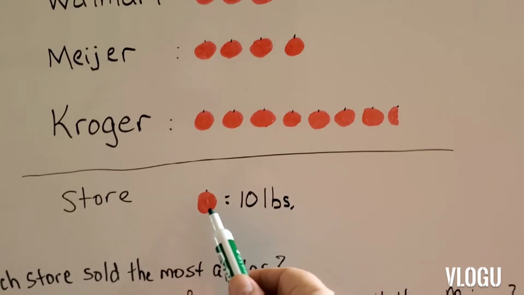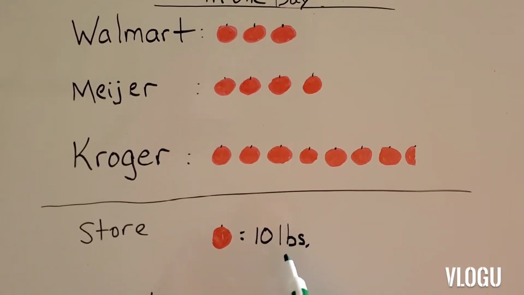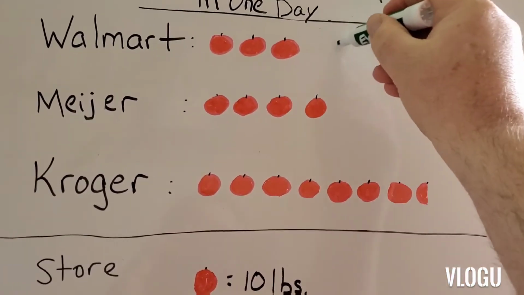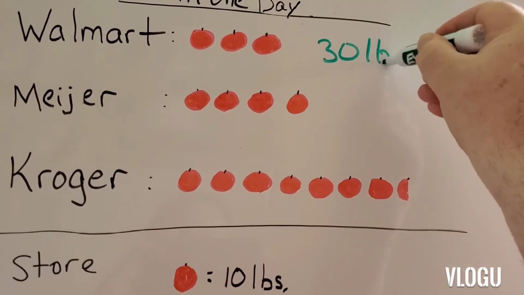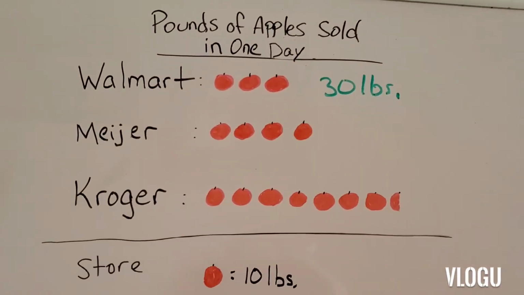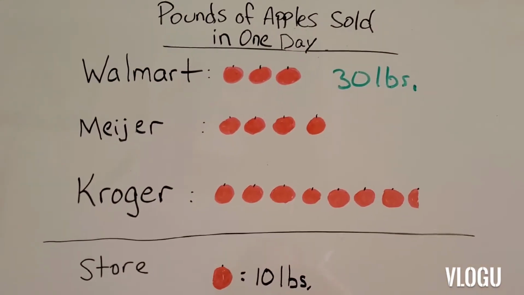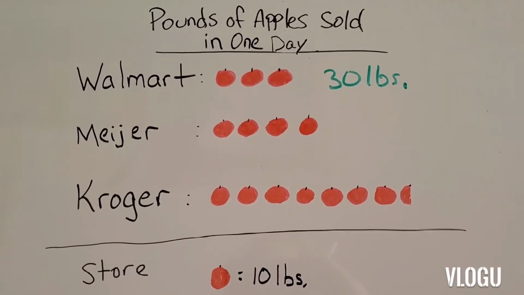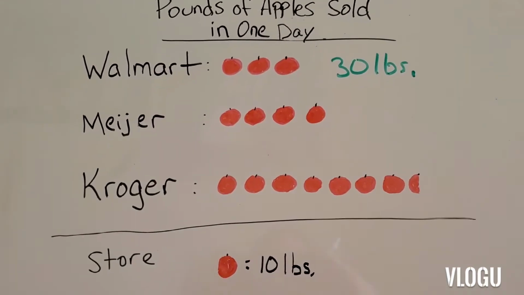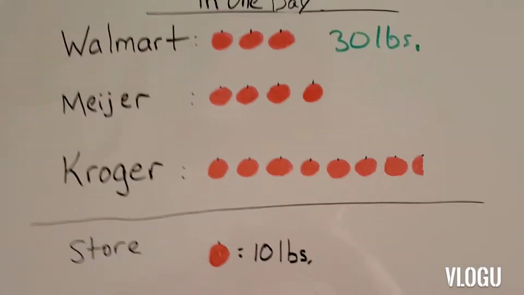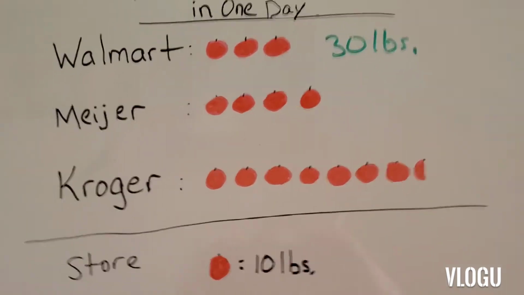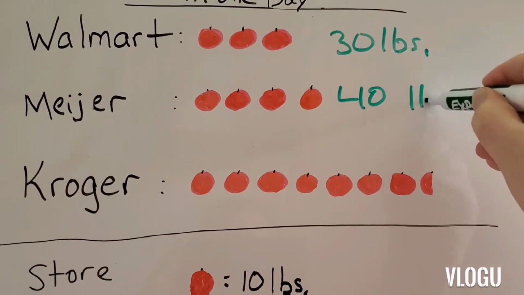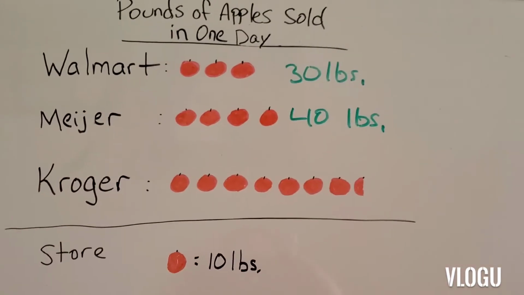If a whole apple is equal to 10 pounds, it says that Walmart, 10, 20, 30, sold 30 pounds of apples in one day. In case you do not know, LBS is the abbreviation for pounds. Meijer sold 10, 20, 30, 40 pounds of apples in one day.